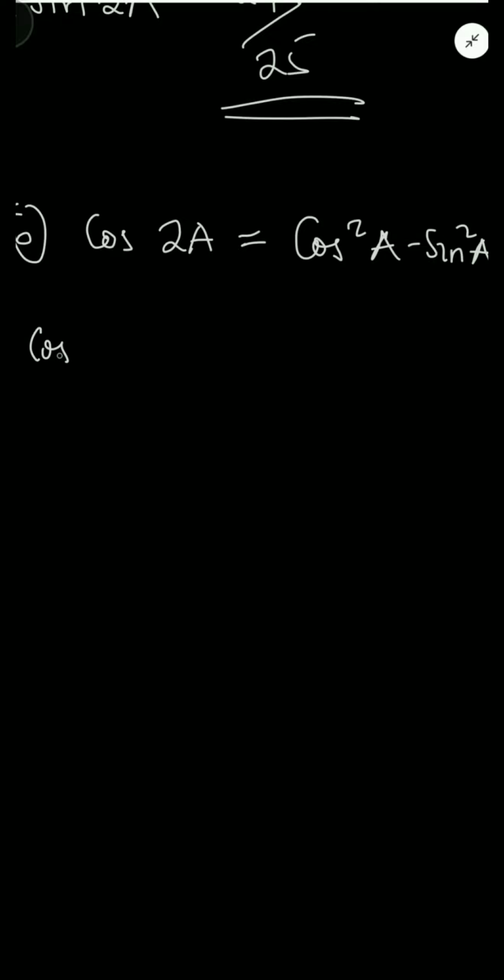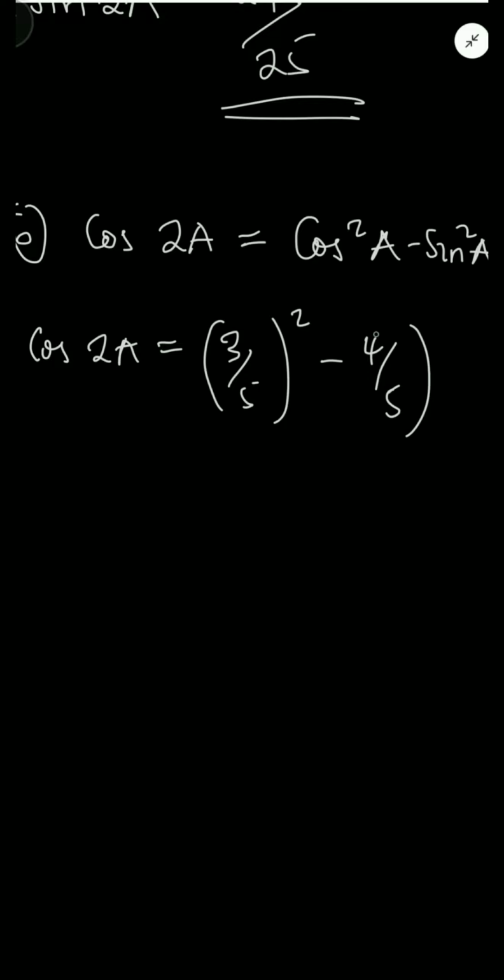Okay, now we're going to substitute. So our cos 2A will be equal to what we have for cos, which is 3 over 5, squared, minus 4 over 5, also squared.